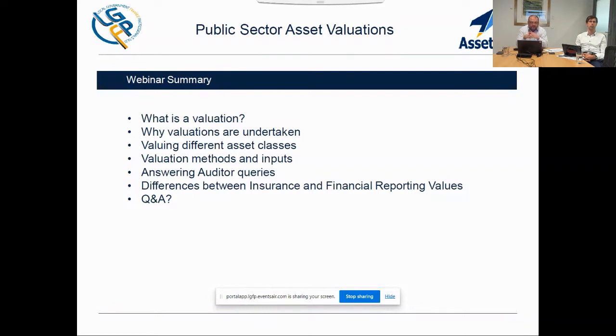We're going to talk a little bit about the valuation methods and inputs into each of those different asset classes. We'll talk a little bit about the types of audit queries that we get and how we answer those and how we can help smooth that audit process, which pretty much comes at the end of the valuation project.